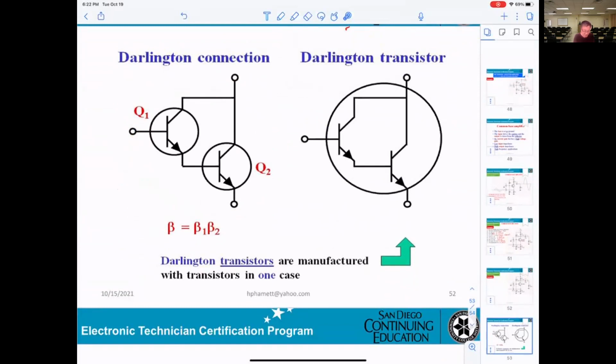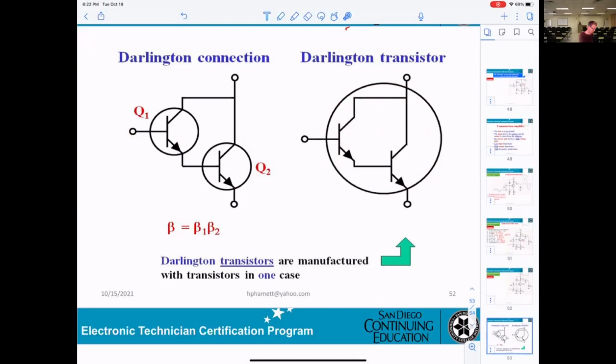They can be manufactured with two transistors in one case. That means you can use two NPN transistors to make a connection and get a Darlington. Or they can put two transistors inside one package. Same thing.